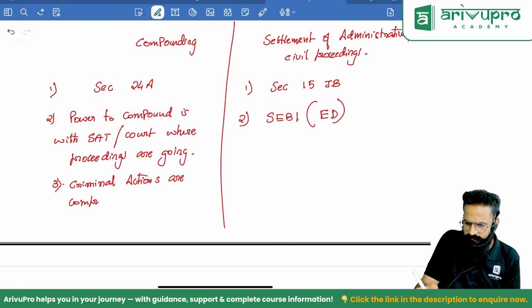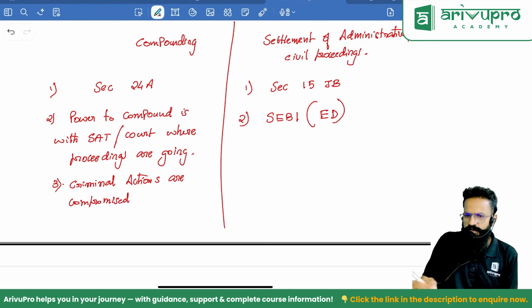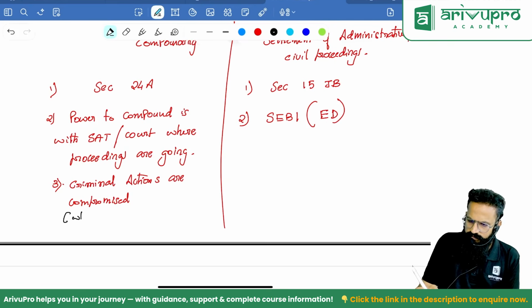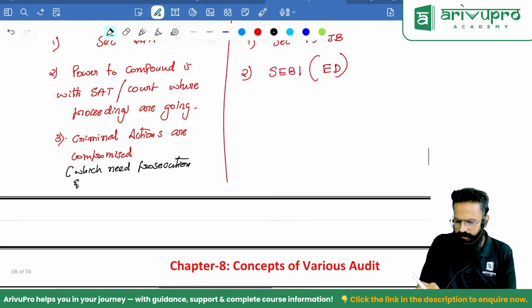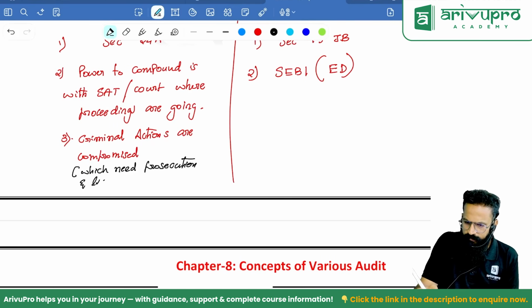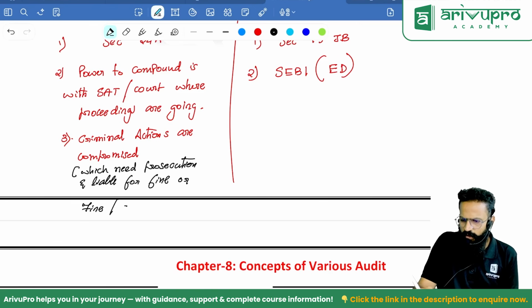Basically, I'm speaking about those actions which need prosecution and are liable for fine or imprisonment.